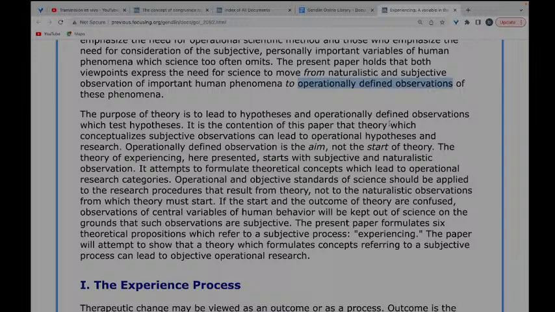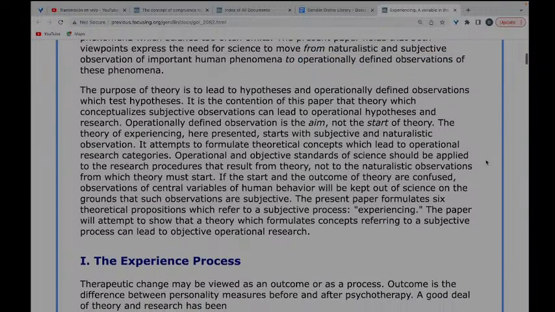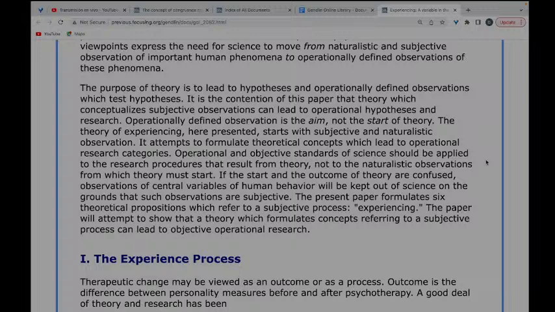I mean, is it like saying method? How to go from subjective observation to something you can do science with, like something that's repeatable, more abstract, conceptual.